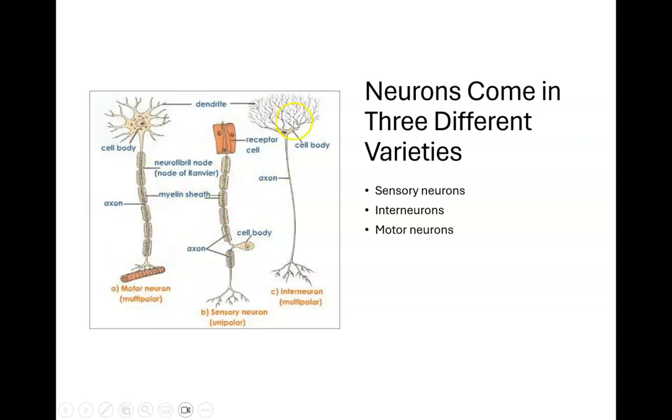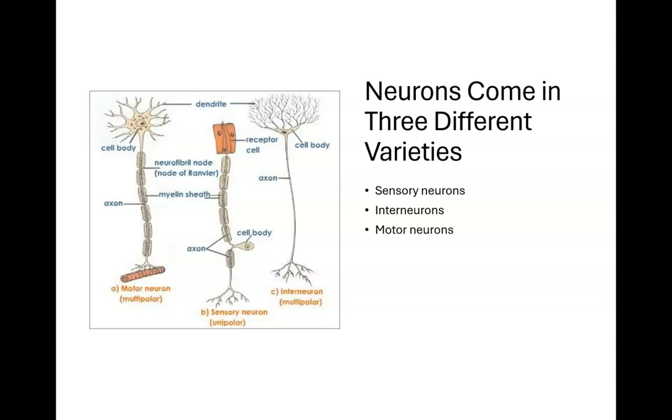Sensory neurons are going to take information from sensory receptors throughout our body, like our eyes, our ears, and our skin, and they're going to send that information through a sensory neuron so that this sensory information can be sent to the brain.